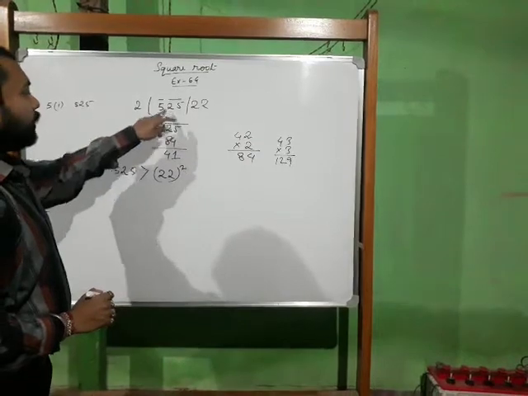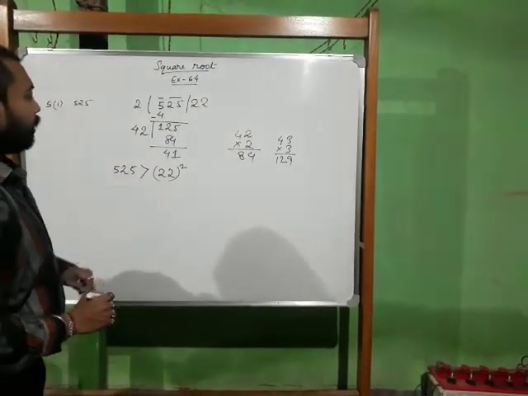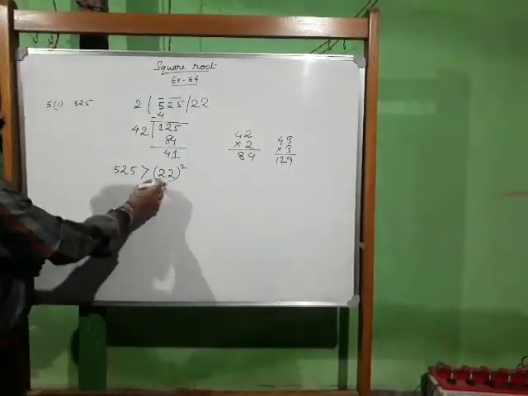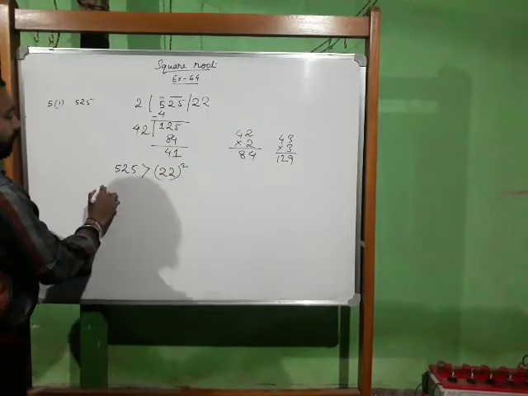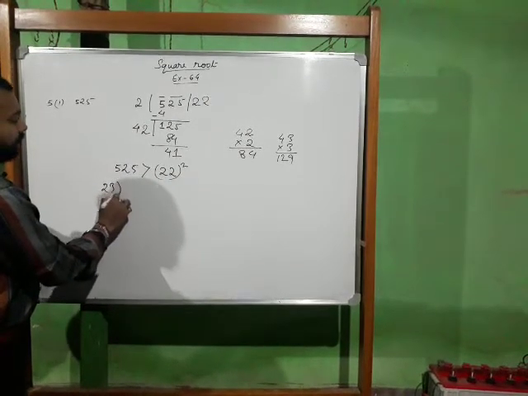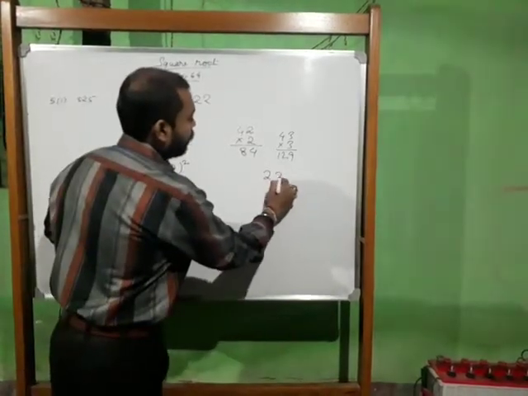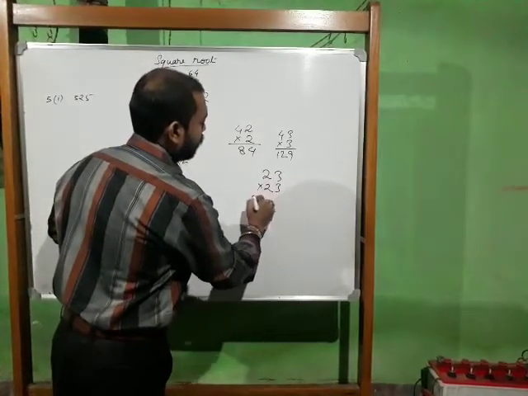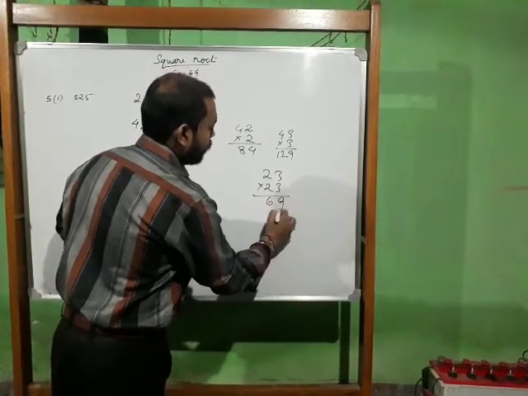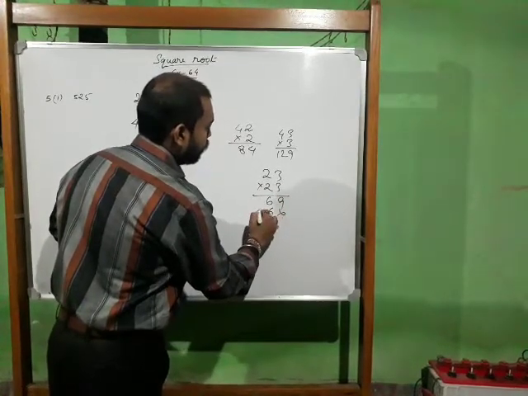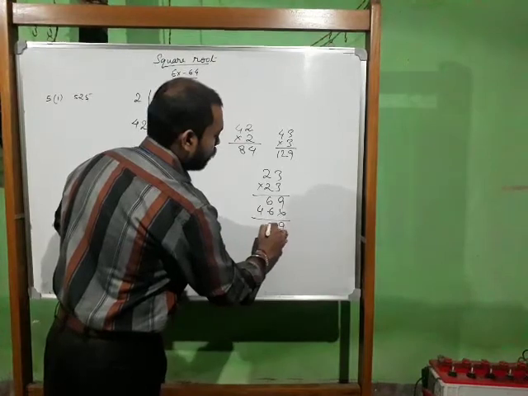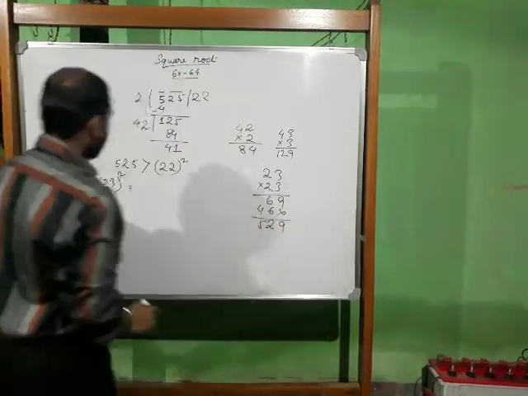That means 525 is greater than 22 square. So let us take the next natural number, that is 23. What is the square of 23? Let us do 23 into 23. 3 3s are 9, 3 2s are 6, 2 2s are 4. It is 529.